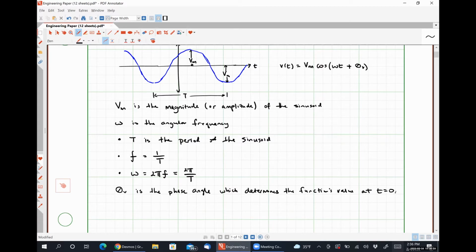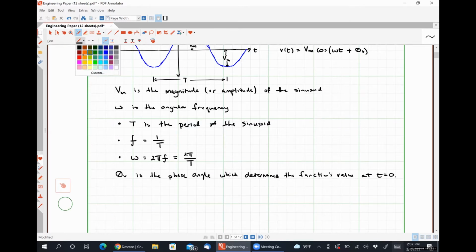What I mean by that is, just a quick aside here: if we had the function y of x is equal to 6 cosine 4x, what would y of 0 be?